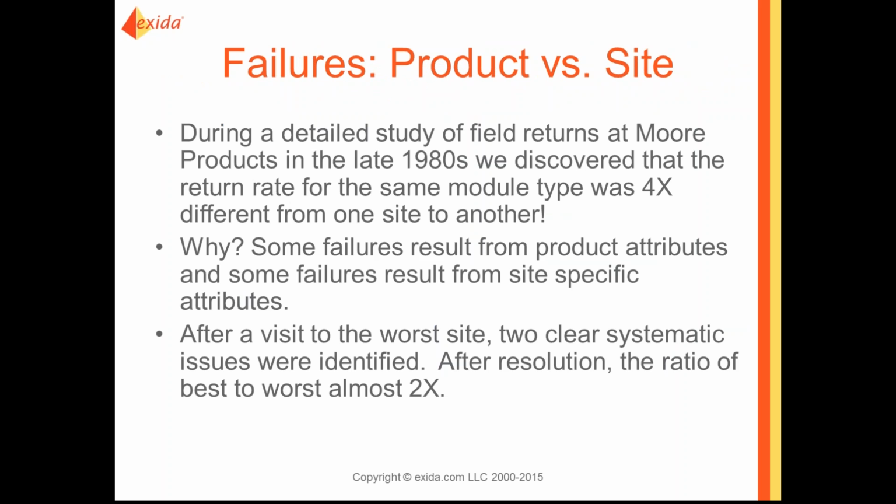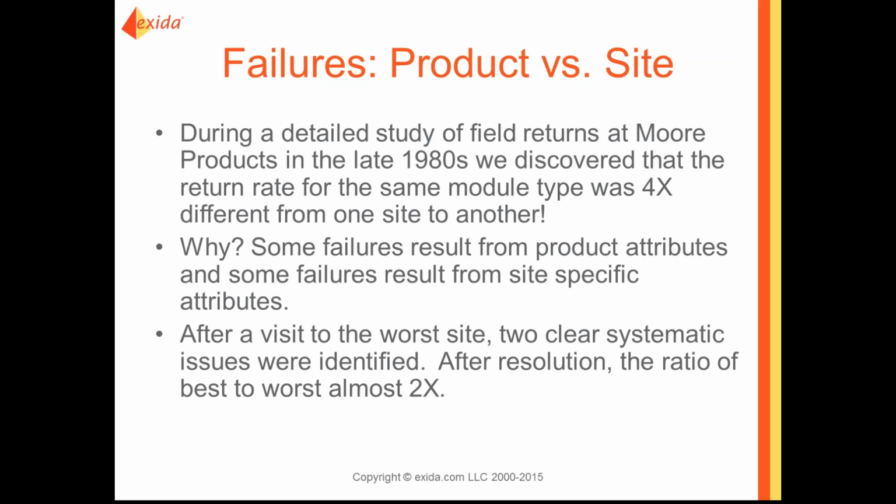So back at More Products, a study was done where it looked at the failure rates of DCS components, and it was surprising to see a 4x difference in failure rates between different sites. Digging into it, the service department and engineering department found that the worst site, the site with the highest failure rates, had some pretty significant systematic issues in how they were handling and configuring things.